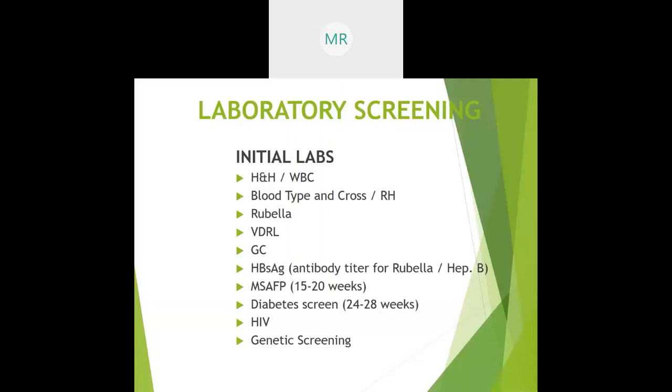We do genetic screening and we test for sickle cell. From Jewish descent, we do Tay-Sachs disease. If they're Mediterranean ancestry, we do thalassemia. So depending on if those questions come back positive, then we'll do some genetic screening. Okay.